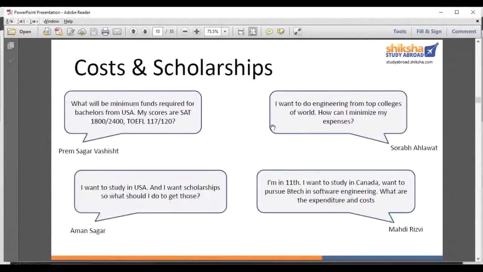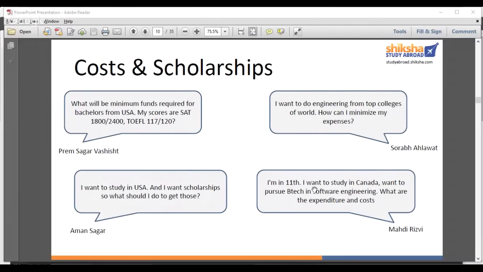The questions around costs: a lot of people want to know what are the minimum funds required for pursuing different types of courses in the US and in Canada. People want to know about living expenses. Is there a way for them to save the cost? Are there any scholarship opportunities? So we'll go over them one by one.